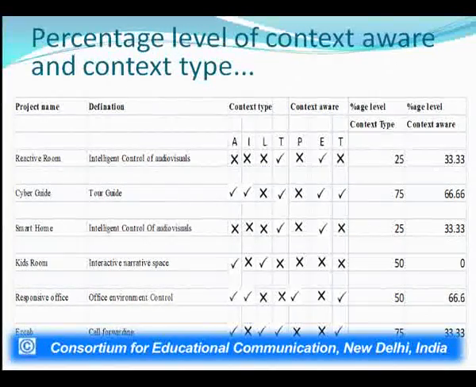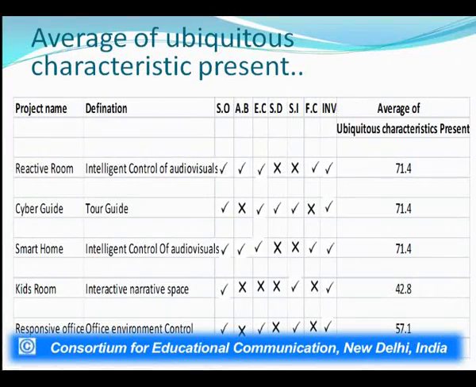Now, we have taken the ubiquitous parameters, the context type parameters and the context aware parameters, which are the basic parameters to be used in the features of the ubiquitous computations. All the projects, reactive room, cyber guide, smart home, kids room, responsive office, have been checked on the basis of the basic characteristics of the ubiquitous computation.